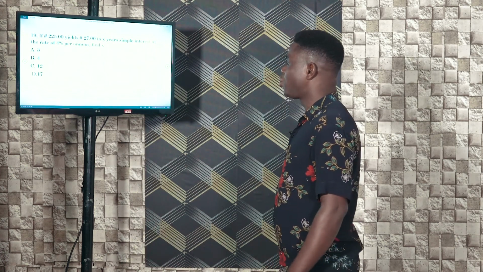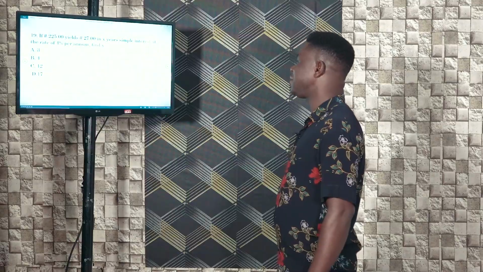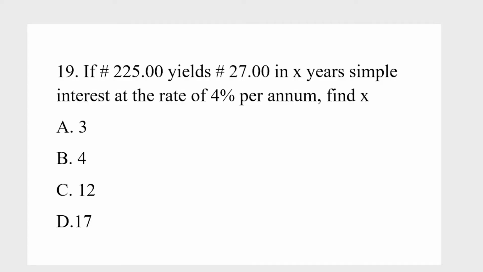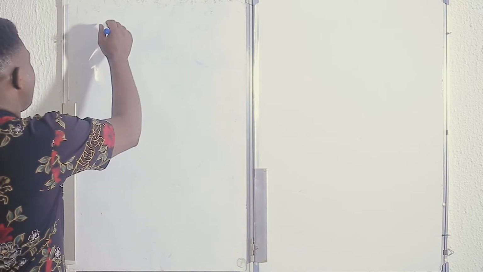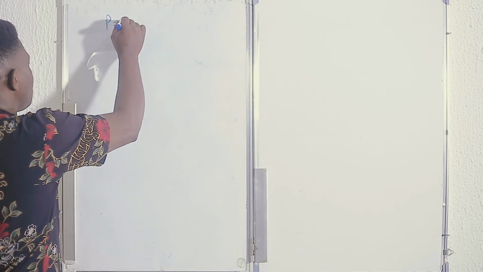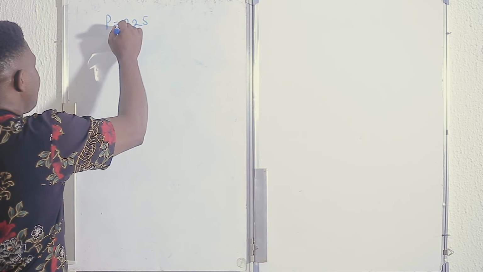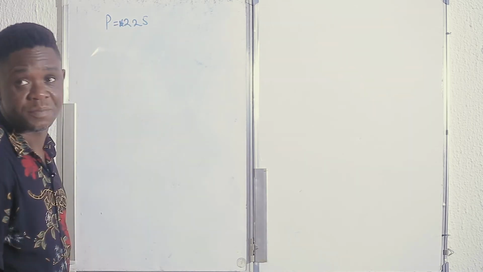Question number 19. If 225 naira yields 27 naira in X years, simple interest, at the rate of 4% per annum, find X. So this is a question under simple interest. The principal is 225 naira.